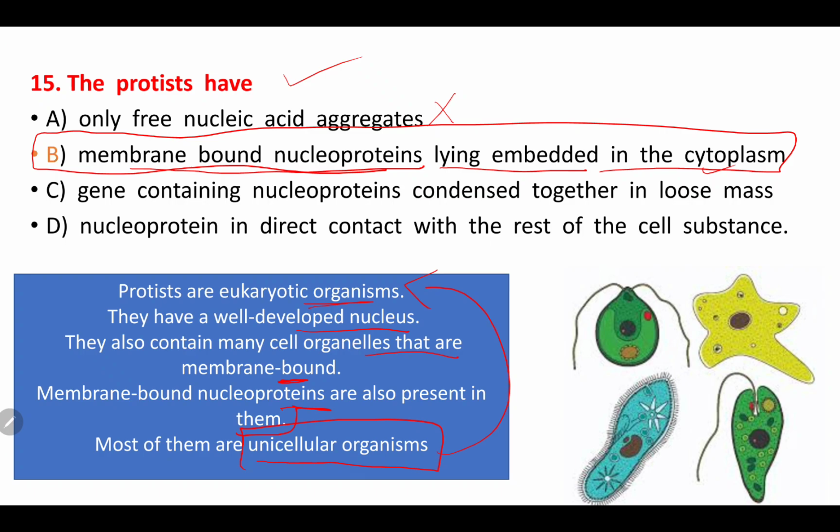So option B is the right one. Gene containing nucleoproteins condensed together, this is also false. Nucleoprotein in direct contact with the rest of the substance, this is also false. They are eukaryotic, a well developed nucleus is present. So that is the reason option B is right.